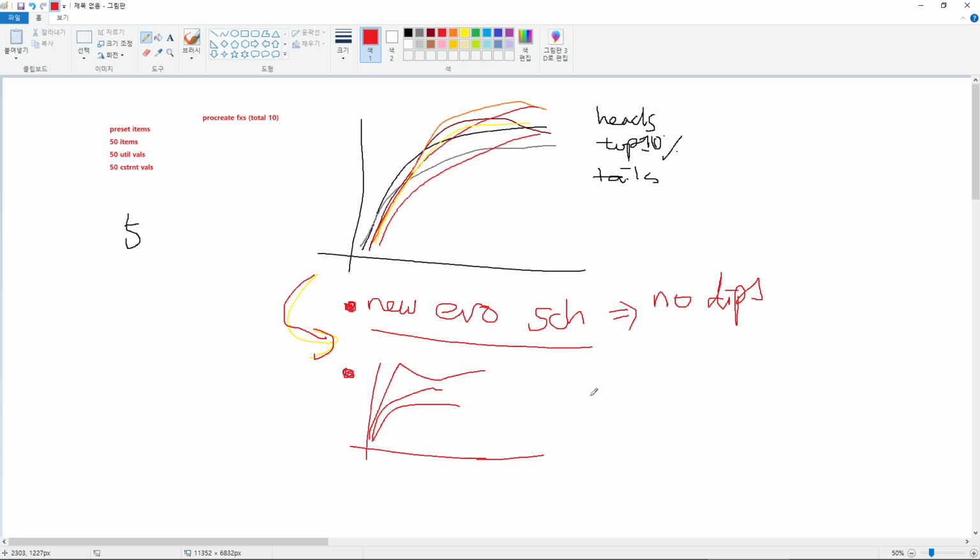And one smaller thing is that oligopoly still seems to be the best procreate function. I don't want to say best.